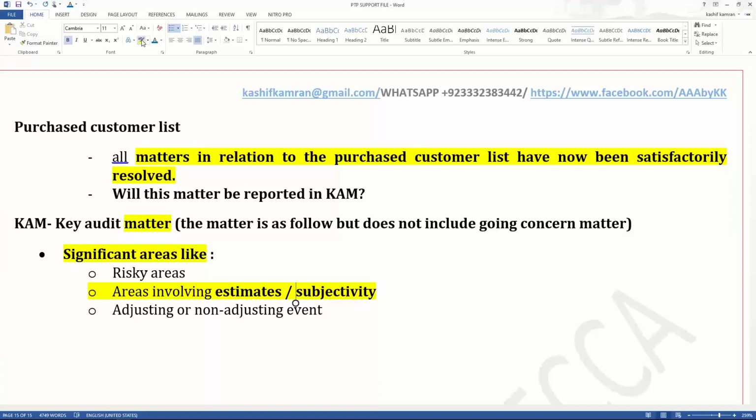So now tell me, go by logic. CAM, key audit matter.